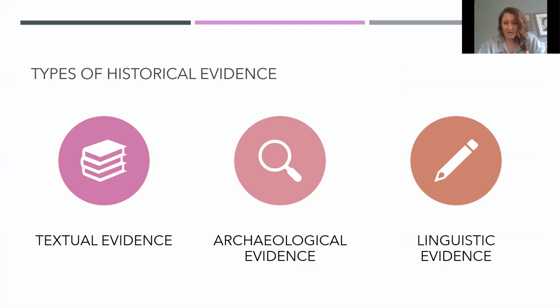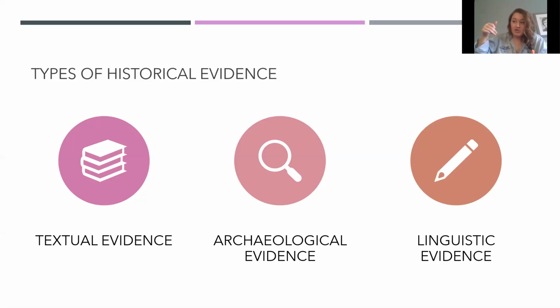Obviously, we have textual evidence. Textual evidence can be secondary. For example, if we're talking about ancient Nubia, we know that there is a language, Meroitic, that we haven't been able to translate yet. So we have all secondary sources, Romans writing about Nubia, Greeks writing about Nubia, Egyptians writing about Nubia, and that is textual evidence.